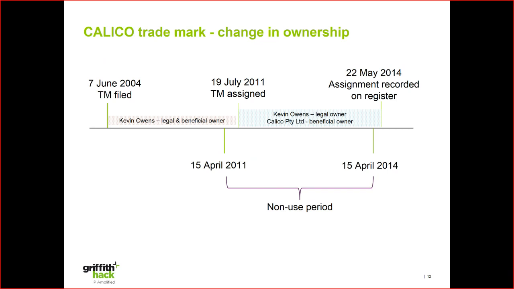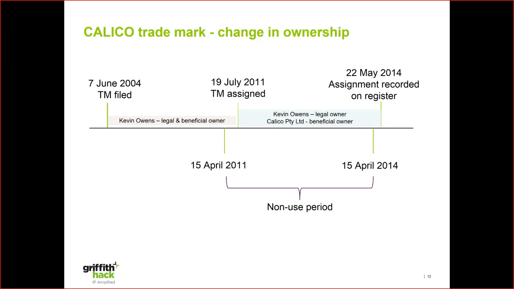So I've drawn this timeline up so that people can understand the non-use period, because as everybody knows, if you file a non-use application, the non-use period runs for 3 years, ending 1 month prior to the non-use application. So when you overlay that on the timeline with what Kevin Owens was doing, he had the mark in his name and he was using it himself.